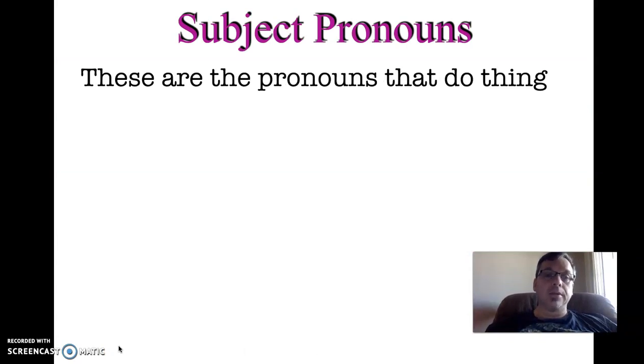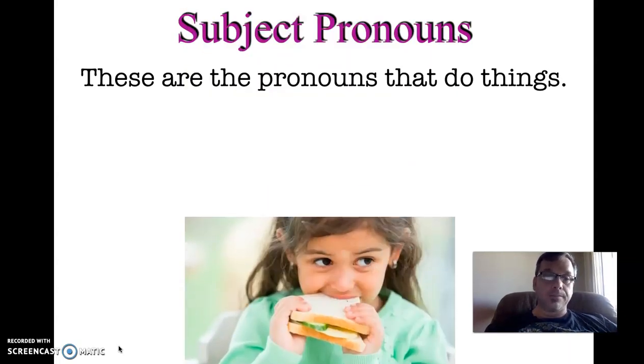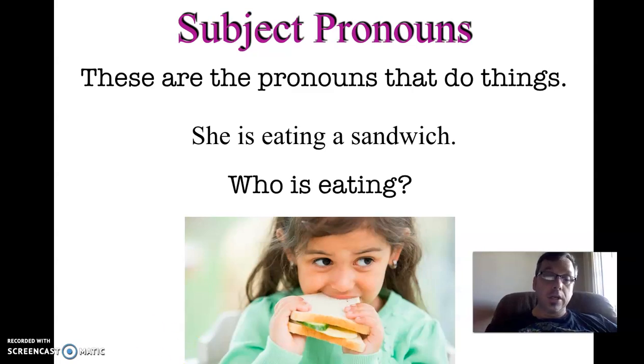Subject pronouns. These are the pronouns that do things, that do the verbs. Okay? Here's a girl, right? She is eating a sandwich. Who is eating? Who is eating a sandwich? Right? She is eating a sandwich.